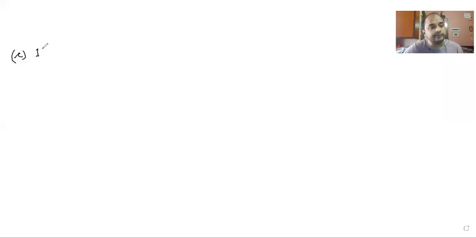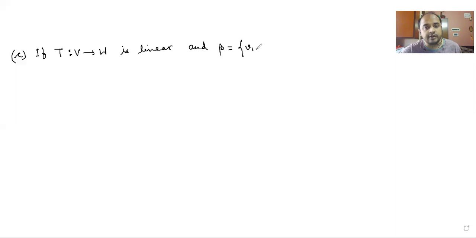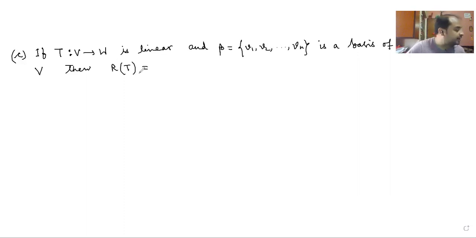So if T: V → W is linear and β = {V1, V2, ..., Vn} is a basis of V, then there is a very good result which I have forgotten, so I'm referring to the book.